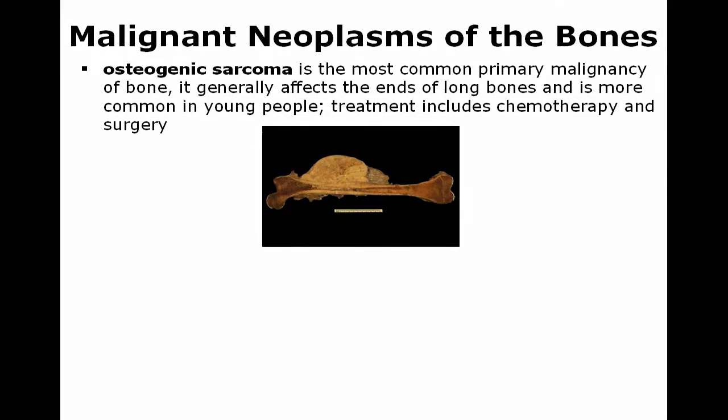If it's going to occur, it's usually in people less than the age of 30, usually in children. Usually affects the ends of long bones. Treatment, chemotherapy, surgery, and you can see a great picture on the screen of a bone with osteosarcoma. And there's also a really good picture in your book of the osteogenic sarcoma.